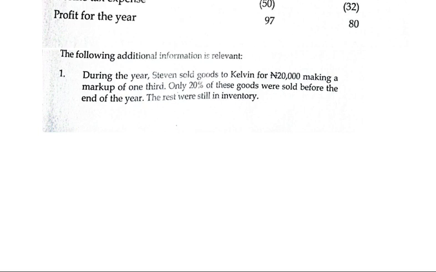Then you also have to determine the margin for you to determine the unrealized profit from this question. It simply means that you have to determine first the closing inventory, which is 20% of 20,000.